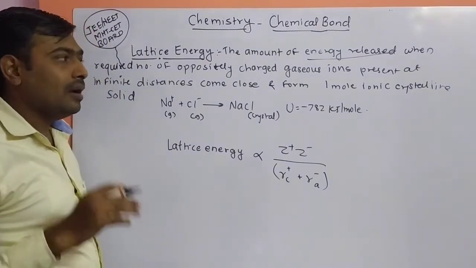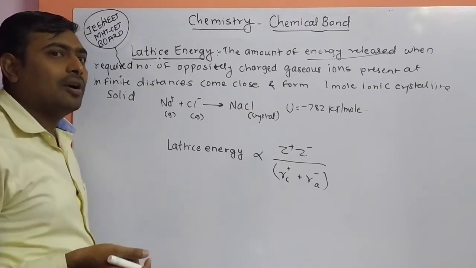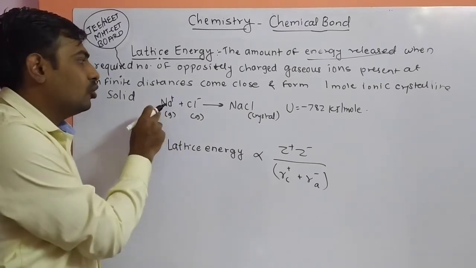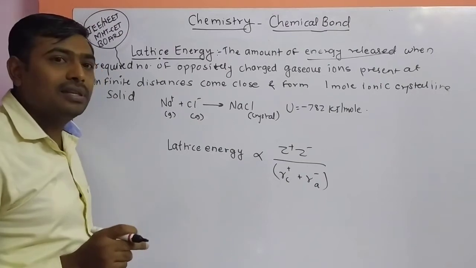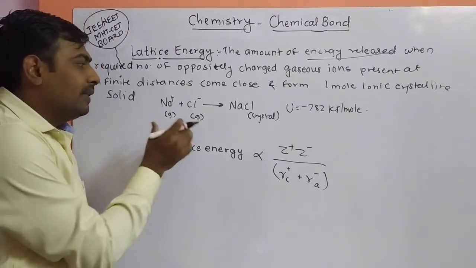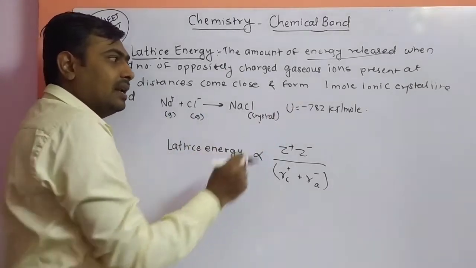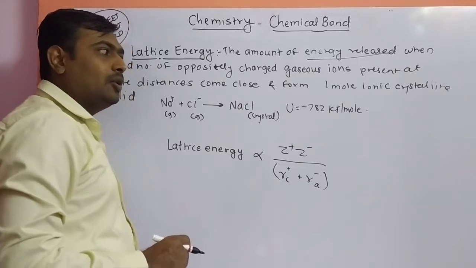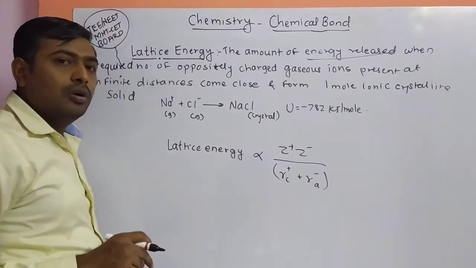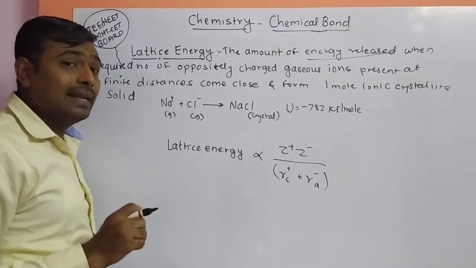So sodium ion and chloride ion present in the gaseous state at infinite distance, when they come closer and form 1 mole of crystalline substance, this energy is released, that is minus 782.82 kilojoule per mole.